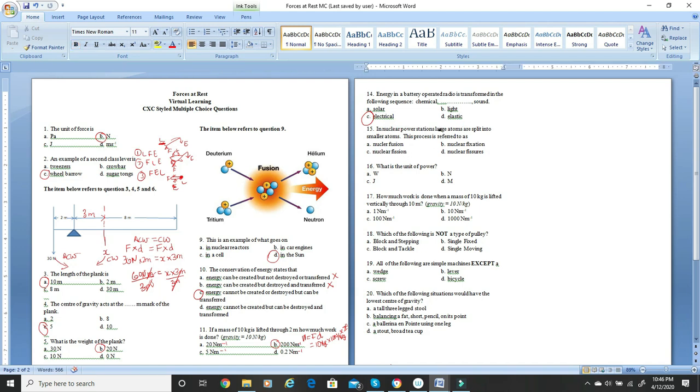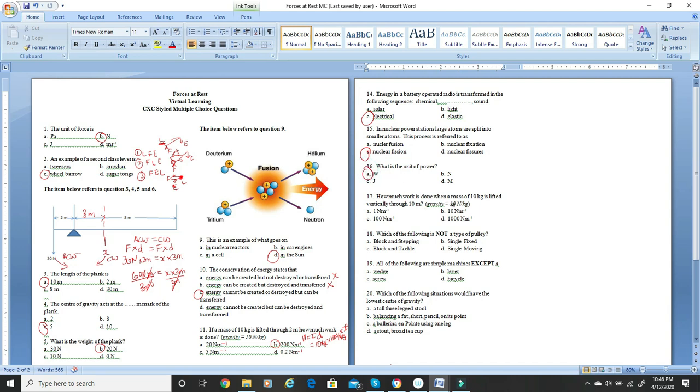In nuclear power stations, large atoms are split into smaller atoms. This process is referred to as nuclear fusion, no. Nuclear fixation, no. Nuclear fission, yes. Nuclear fissures, no. What is the unit of power? It's watts.